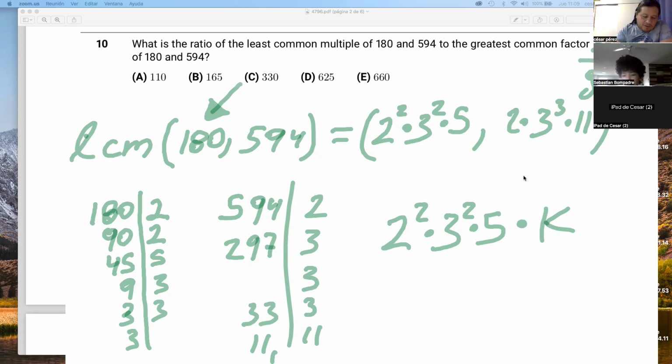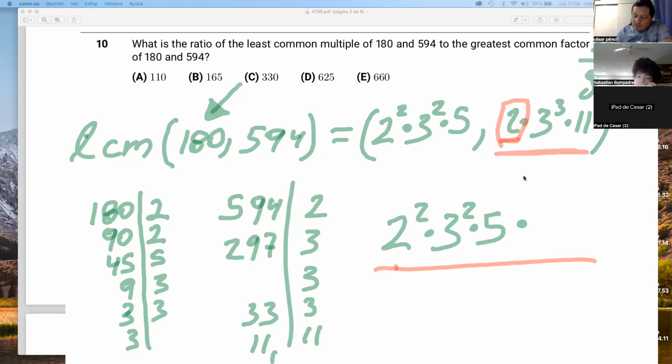But I want this number to be a multiple of this one. So we still need, we already have a 2 here, okay? We have 2 factors 3. So we need another one.